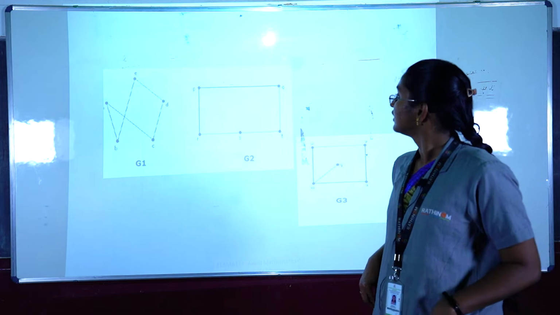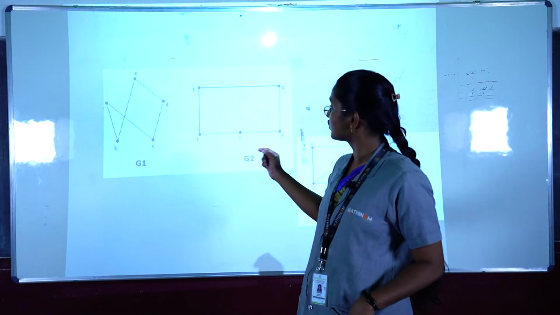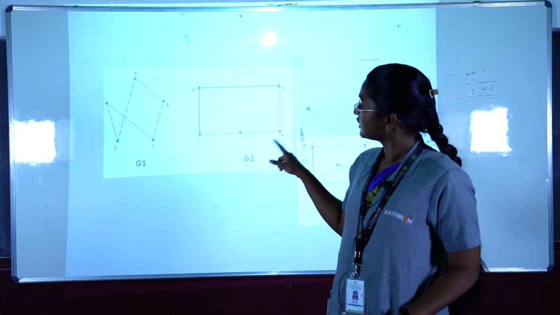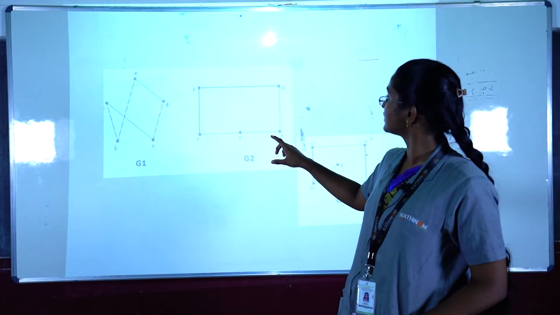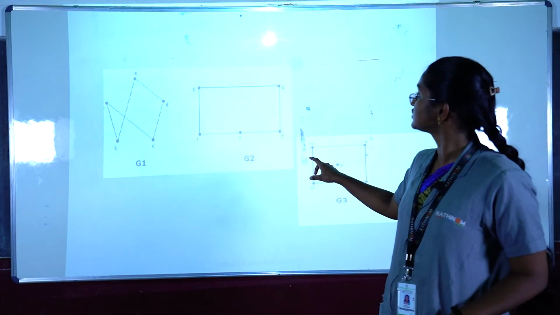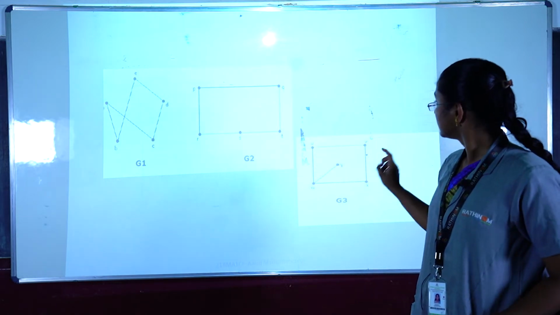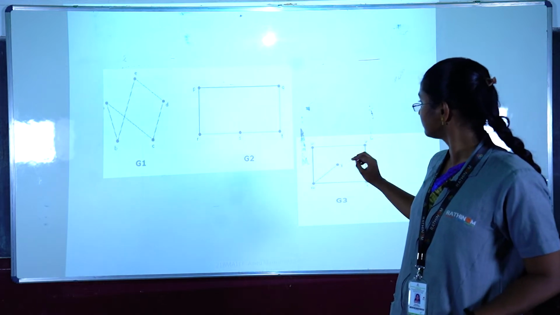Here I have given 3 examples of graphs, G1, G2 and G3. G1 consists of 5 edges and 5 vertices. Similarly, G2 consists of 5 edges and 5 vertices, and G3 also consists of 5 edges and 5 vertices.